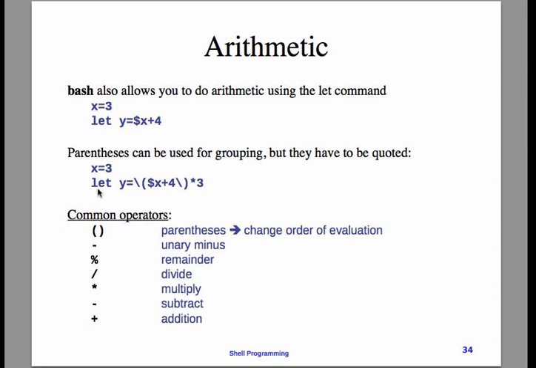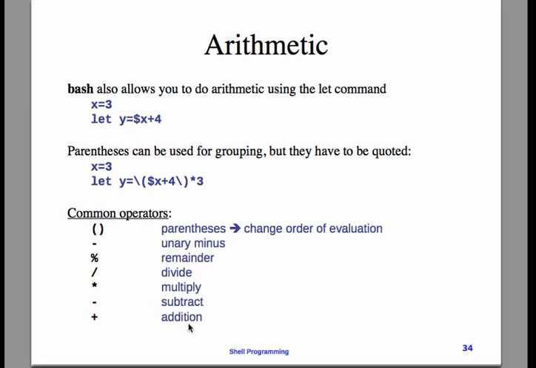But then if you use let, you need to have these backslashes to protect the open and close parentheses. Okay, so you have all the usual operators, parentheses, we saw the whole table: unary minus, remainder, divide, multiply, subtraction, addition, and the usual kinds of precedence rules.